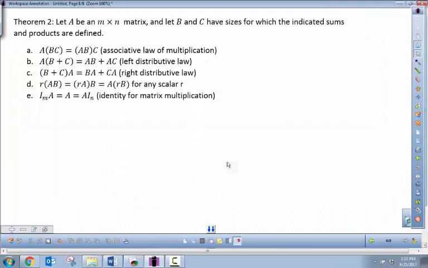So it's not commutative, but it turns out that matrix multiplication is associative, provided that they're the right shapes for each other. It's also distributive from the right side and distributive from the left side.